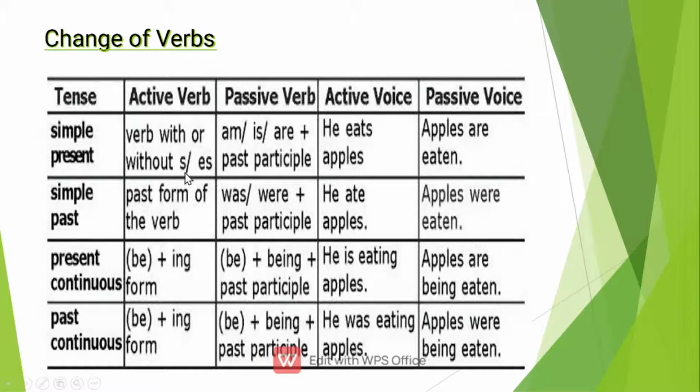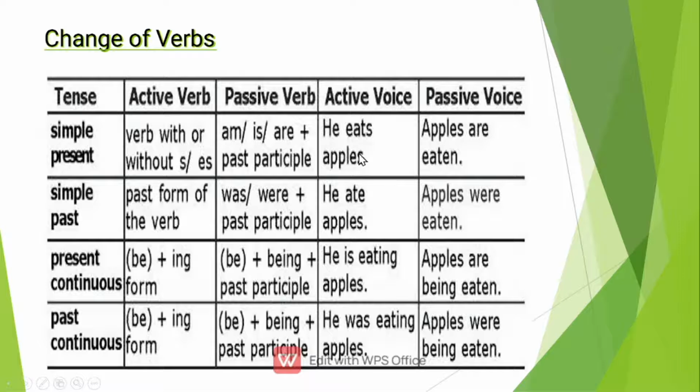Whenever we have verb, which is present form of the verb, then in passive voice, it will be changed to past participle form and is or am or are will be added according to the subject. The example brings clear to us. He eats apples. Now here he is subject. Eats is my verb in present form.